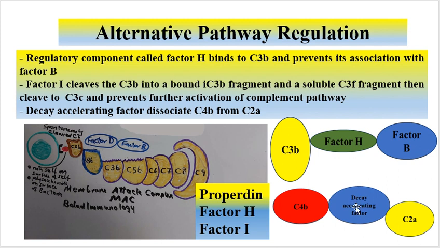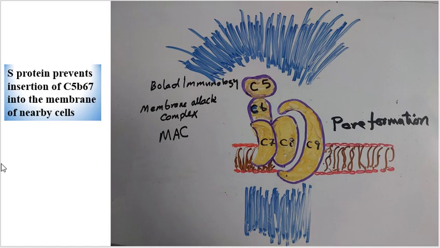Also, DAF, or decay accelerating factor, dissociates C4b from C2b when the immune response is done. And S protein prevents insertion of the MAC, the membrane attack complex.